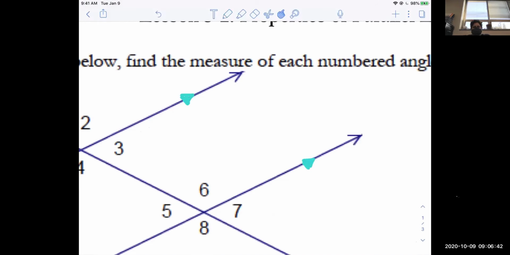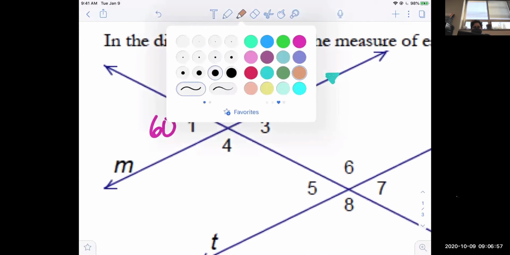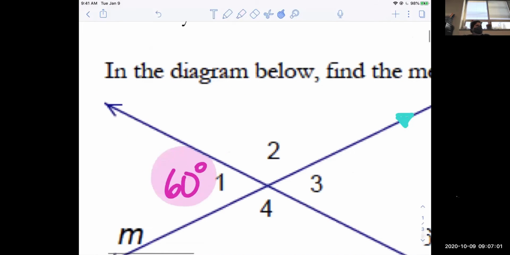Sometimes you'll see different arrows instead. It just depends on the book or who is drawing the picture. And then I've also told you that angle 1's measure is 60 degrees. So that's the given information for this problem. I want to look at the little cluster of angles 1, 2, 3, and 4 and figure out the other angle measures.